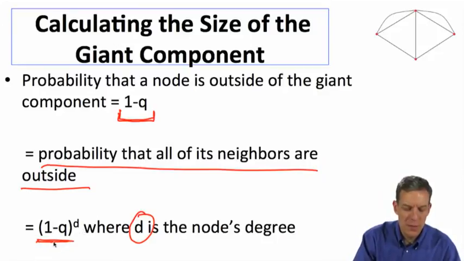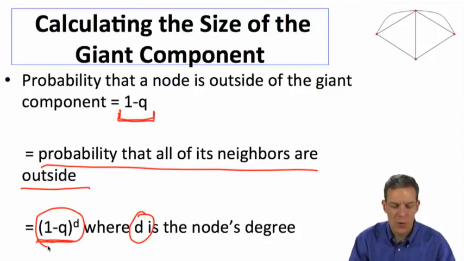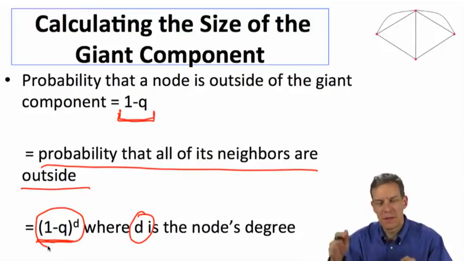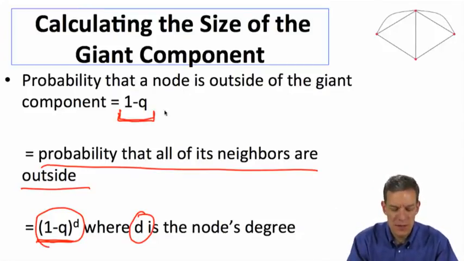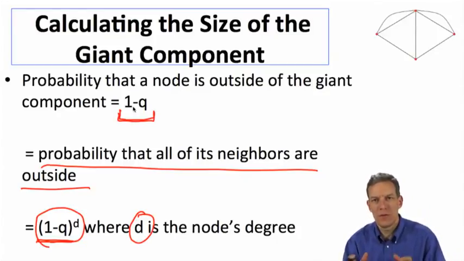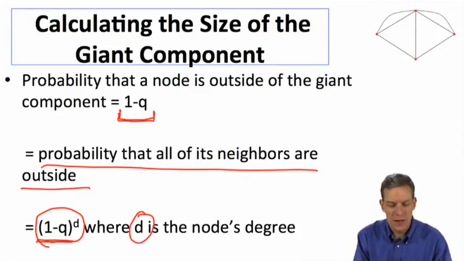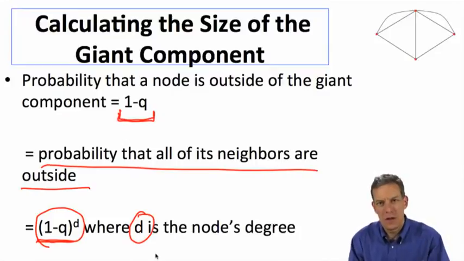We raise that to the dth power, and we end up with 1 minus q raised to the dth power is the chance that it's outside the giant component. And so what we can do is just look at the expected degree, take an expectation over this based on the probability of it having different degrees, and then find an equation based on that.